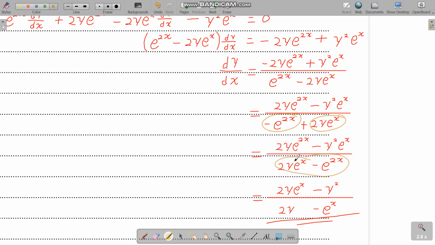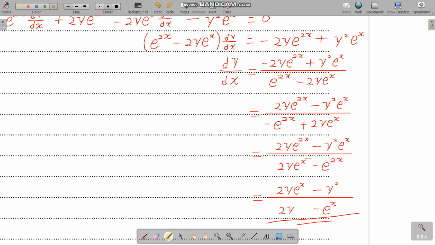Then we divide by e to the x here. We divide both parts of the fraction by e to the x. Divided by e to the x, we get e to the x. Divided by e to the x, we get 1.